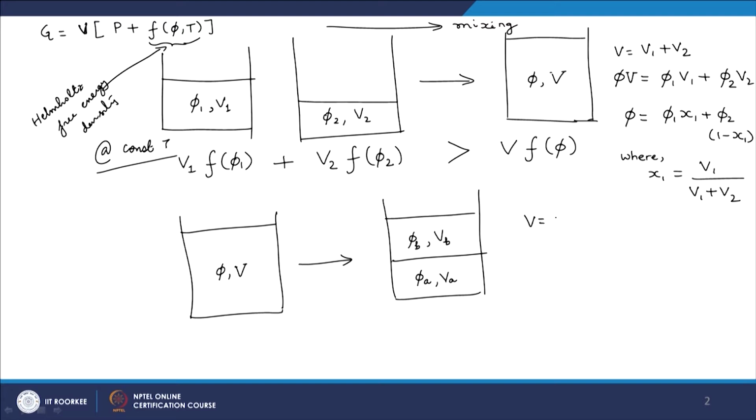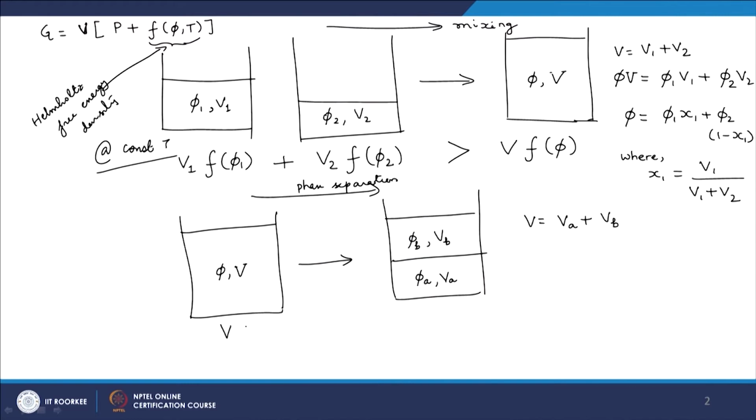Again V is equal to Va plus Vb. So, the phase separation will happen again using the free energy criteria, that is the opposite of what we had earlier in the case of mixing, that is, the free energy in the homogeneous state is higher than the free energies summed in the phase separated state.